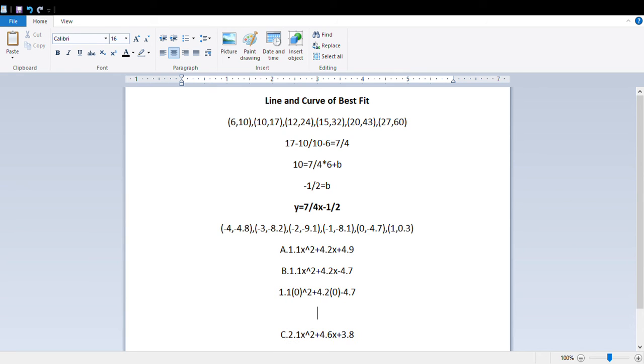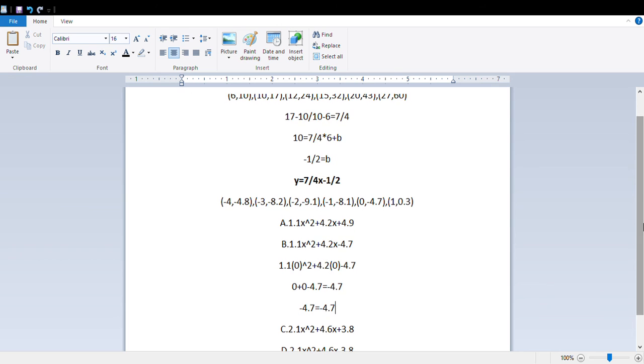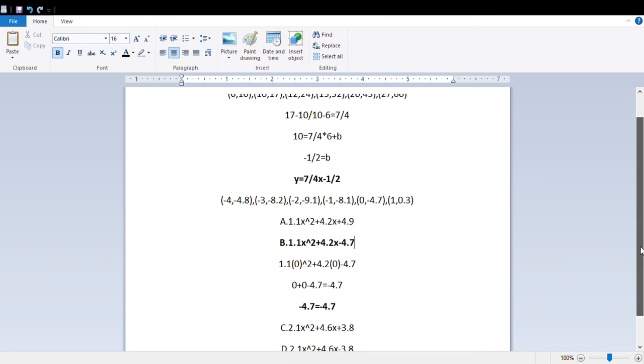From here you get 0 plus 0 minus 4.7 is equal to negative 4.7. And so is negative 4.7 equal to negative 4.7? Well, it is. So this will be your final answer, right? So B should be your right answer. I'm going to bold your answer right here so you guys can clearly see the answer. Alright, so those are our two questions in line and curve of best fit.